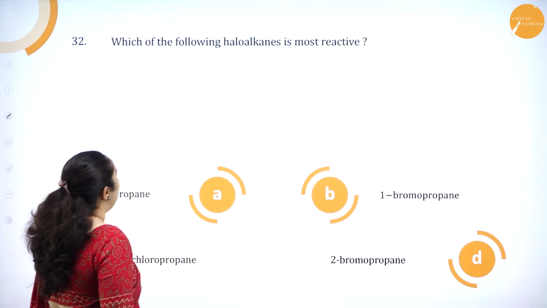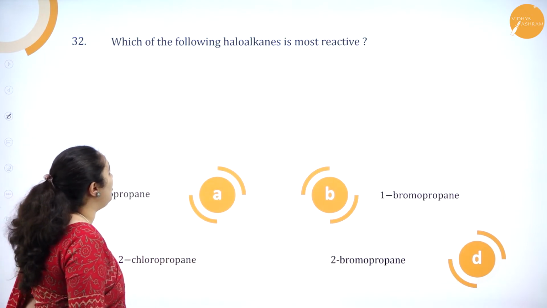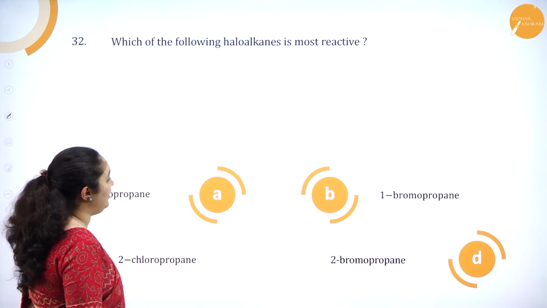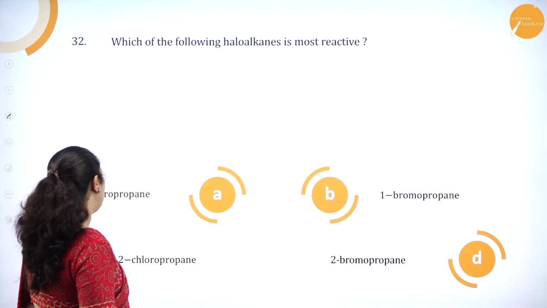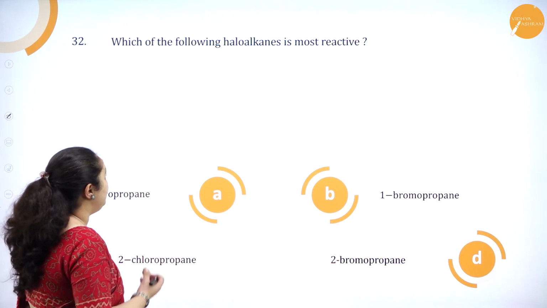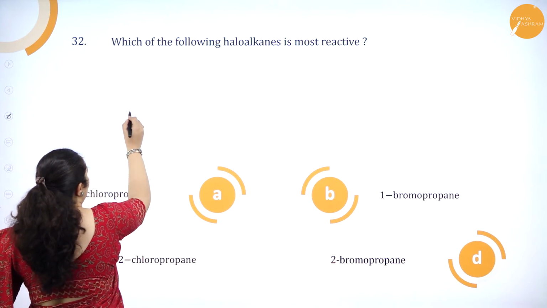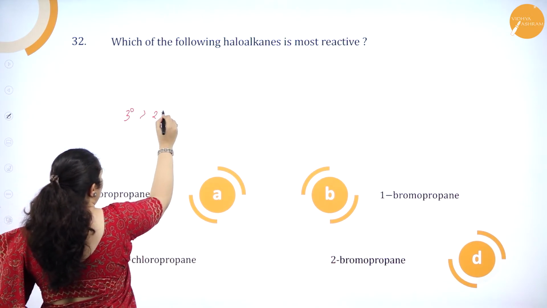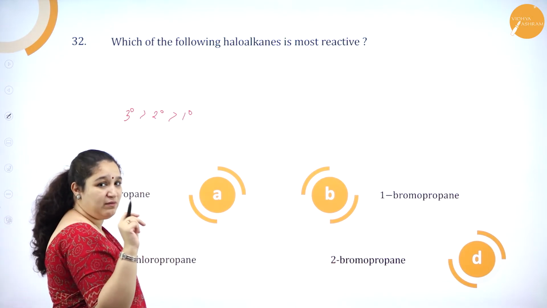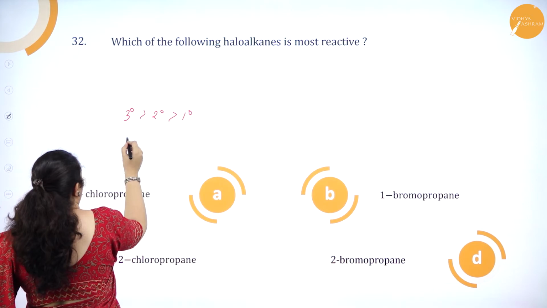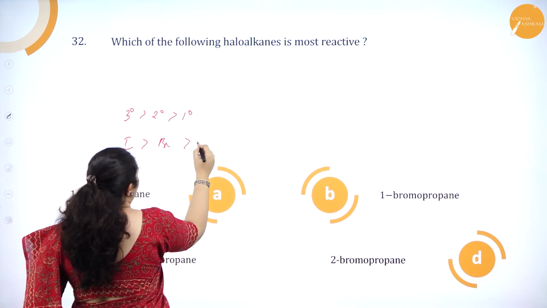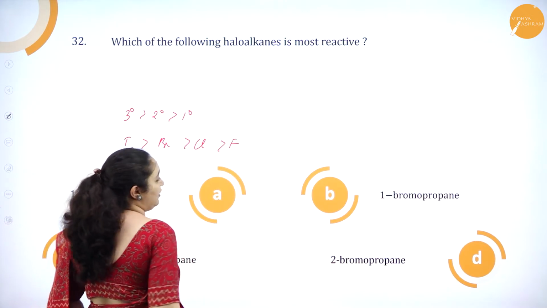Okay. Next question. Which of the following haloalkane is most reactive? 1 chloropropane, 1 bromopropane, 2 chloropropane, 2 bromopropane. Now here haloalkanes, the most reactive is tertiary, then comes secondary, and then comes primary. Now if you see, based on the halogen, iodine, then comes bromine, then comes chlorine, and then fluorine.